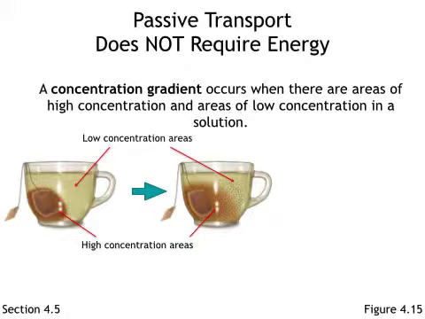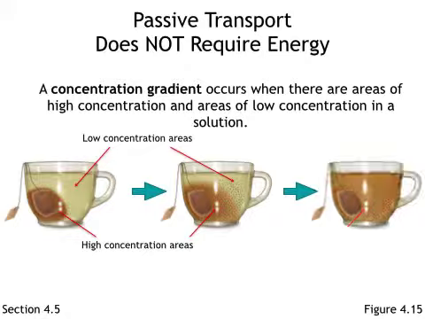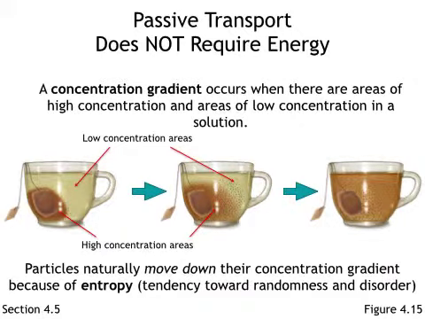It's moving from areas of high concentration to areas of low concentration. That's called moving down its concentration gradient until eventually the whole water is diffused with tea, right? It becomes tea. So again, particles naturally move down their concentration gradient.